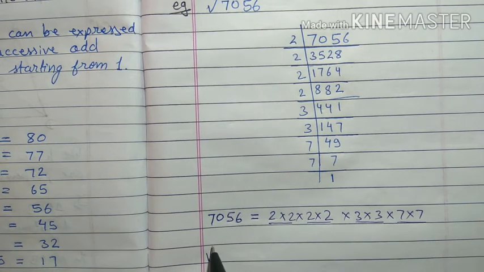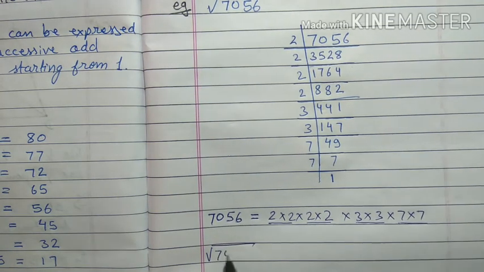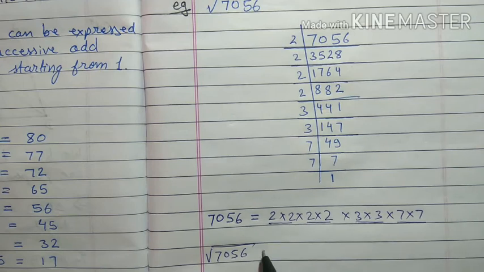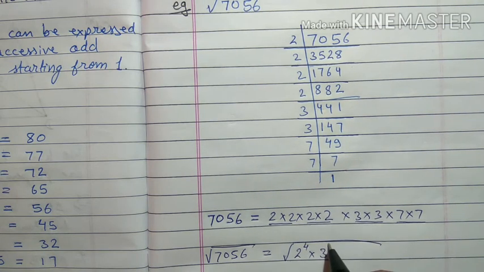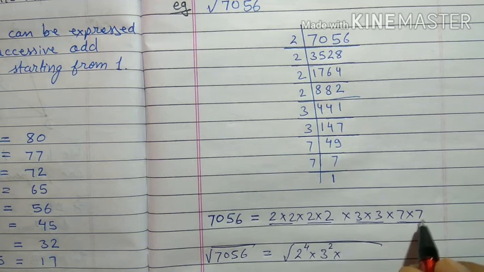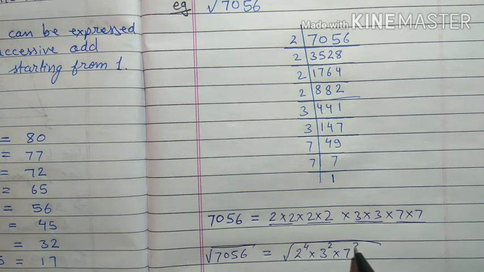So the square root of 7056 is equal to, we may also write it this way: 2 to the power 4 into 3 to the power 2 into 7 to the power 2.